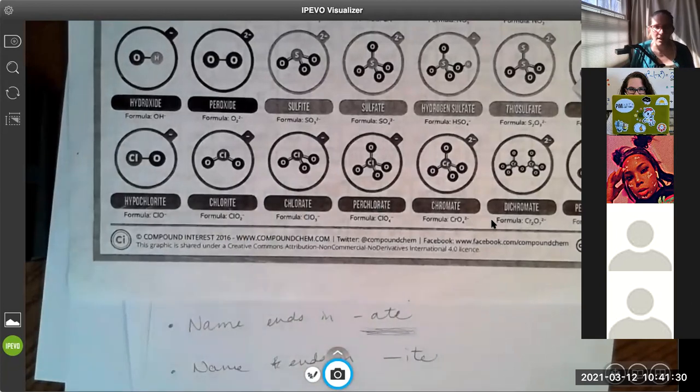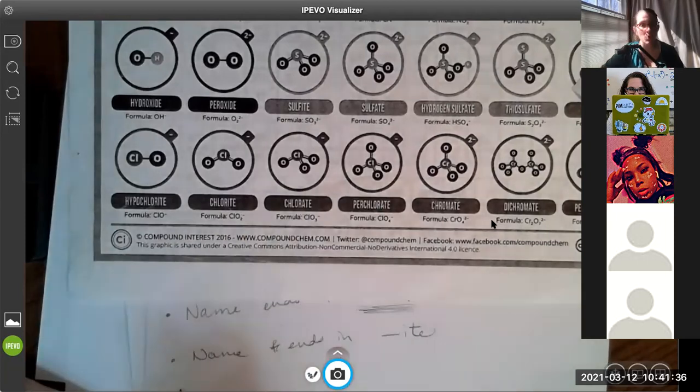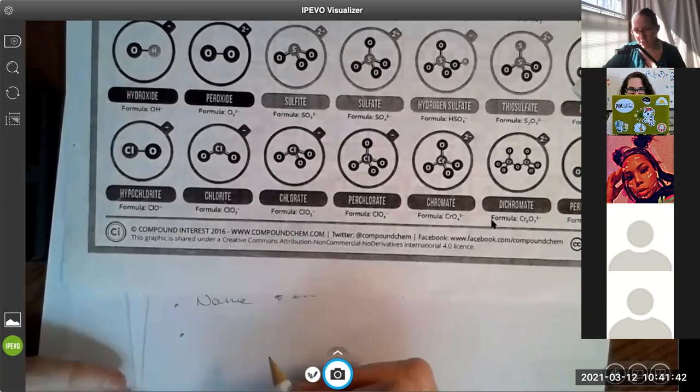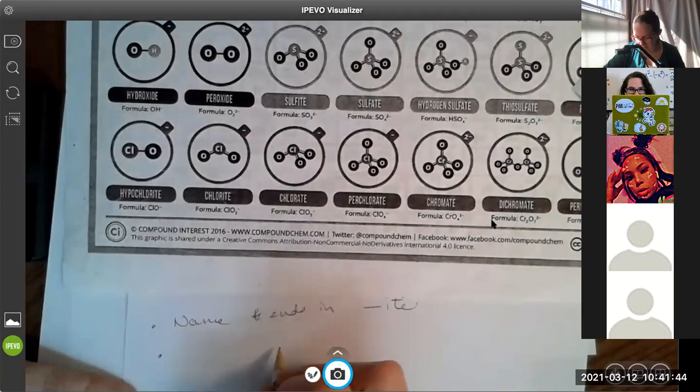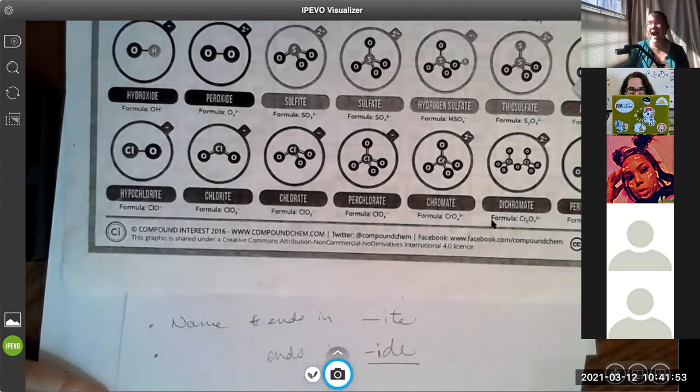Nice. Oh, and the other thing here, this is a trick question. So like, usually you're not supposed to say it's a trick question, but it's a trick question. Can you find anything on this page that ends in ide? So everything we've done the last few days with our single atom ions ends in ide.